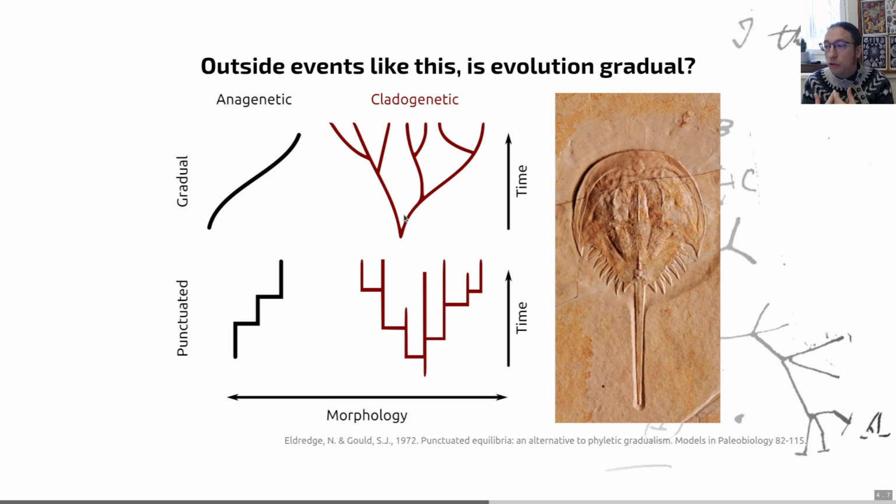What Eldredge and Gould suggested, however, which was relatively controversial at the time and has been mulled upon by scientists ever since and researched quite heavily, is that most change, for example the morphology that we see in the fossil record, is associated with cladogenic, so speciation events, and lineages show relatively little evolution in between those events.